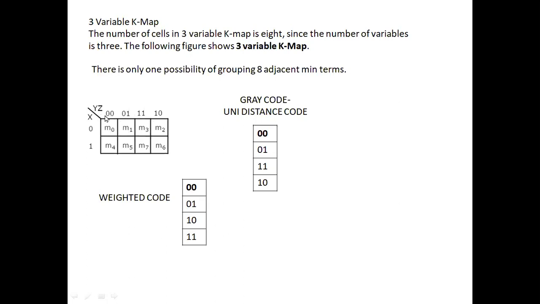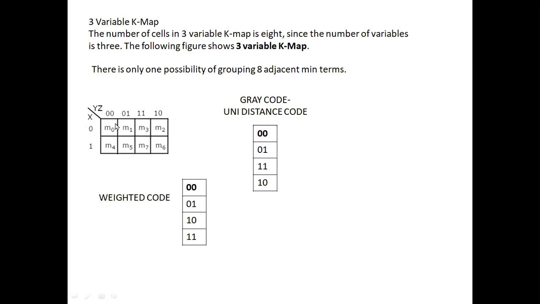So here the cell values are, if the 2 variables are on one side, then the cell values are going to be 0 0, 0 1, 1 1 and 1 0. So it is M0, M1, M3, M2.